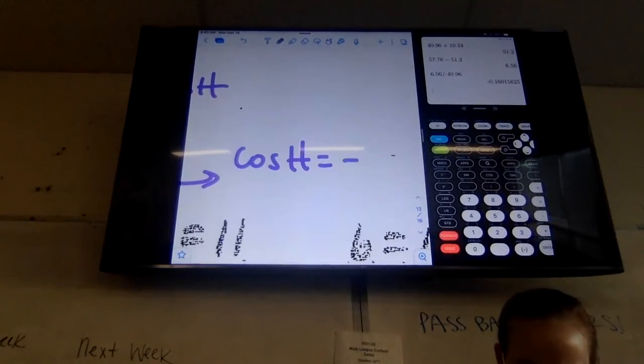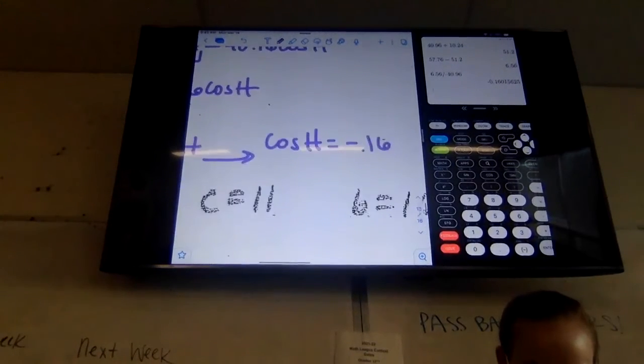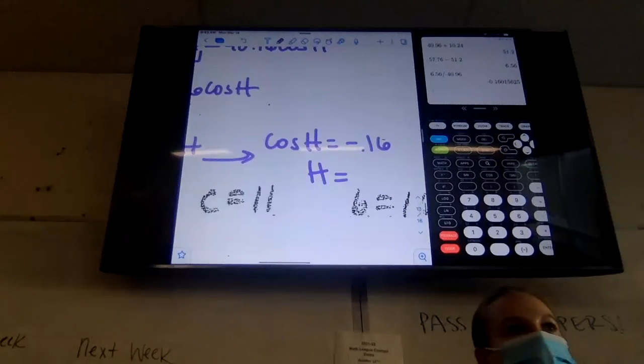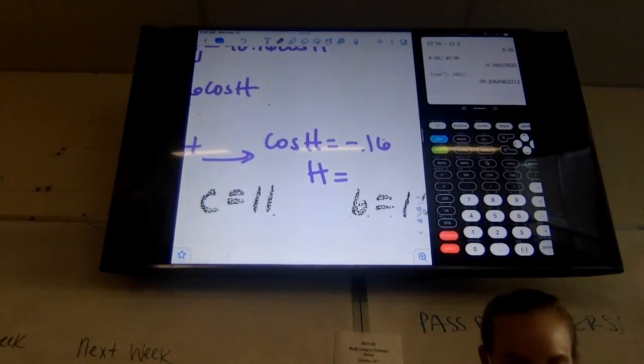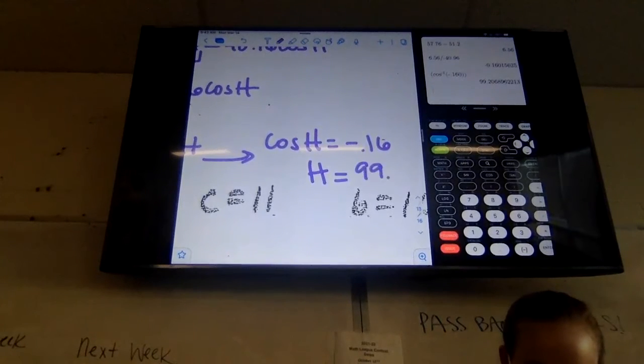So I get negative 0.16. And then like Parker told me, we're doing the inverse. So I'm going to do secondary cosine of that. And I get 99.2.